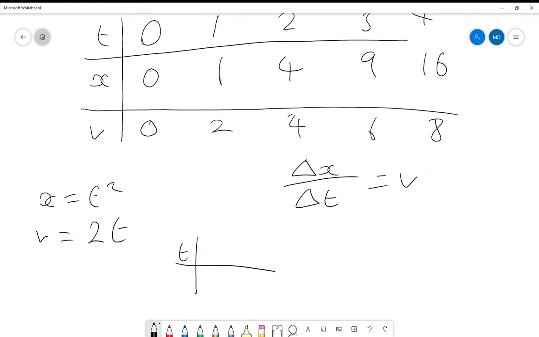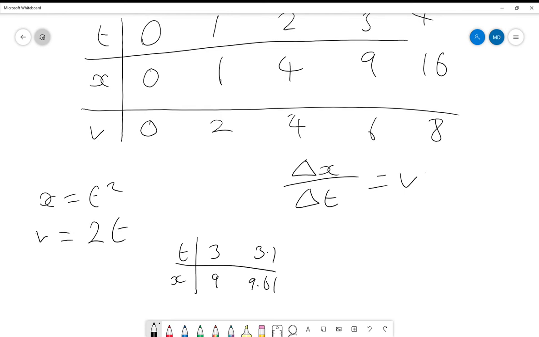So we were taking t, say, if we wanted to find out the point 3, we're taking 3, and then maybe a little bit further along, 3.1. And then we're working out the x values, which was 9, 3 squared, and 3.1 squared was 9.61.